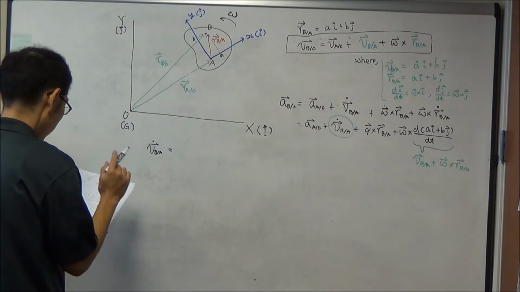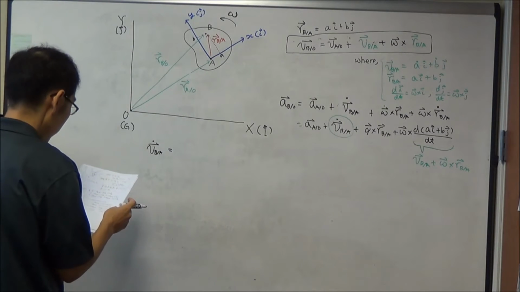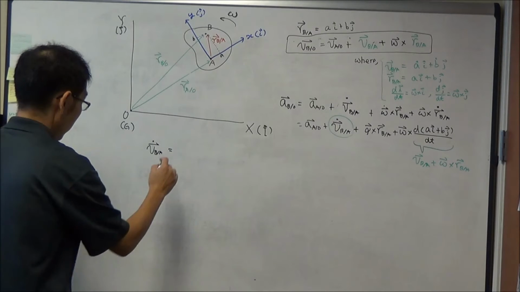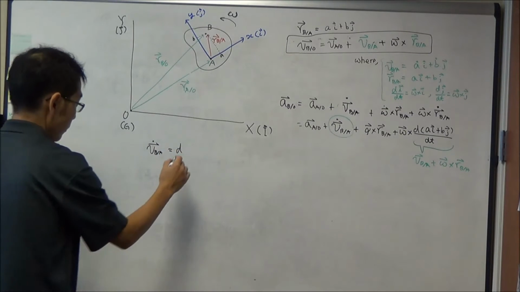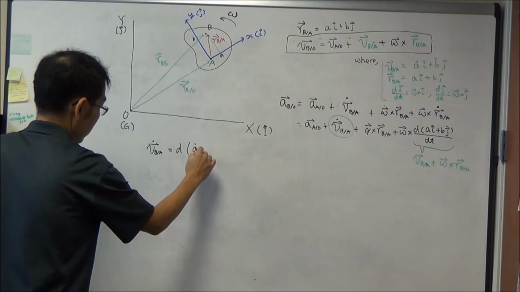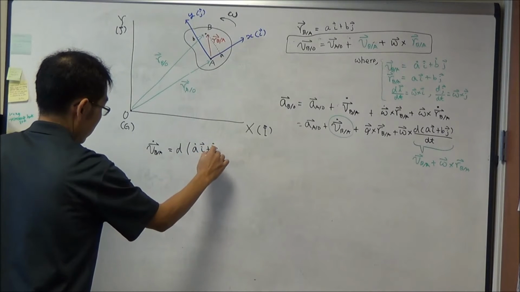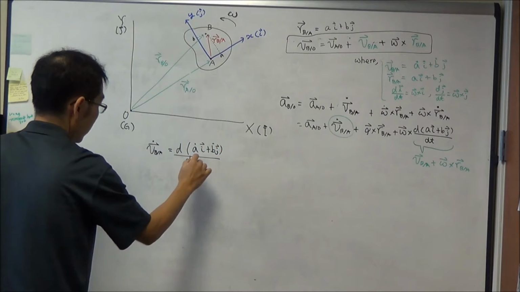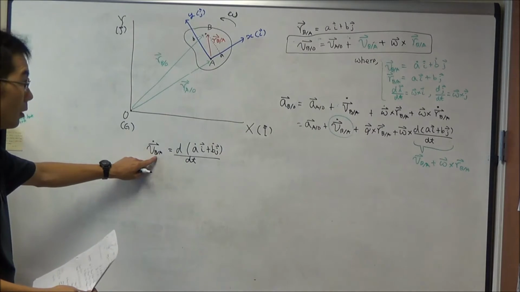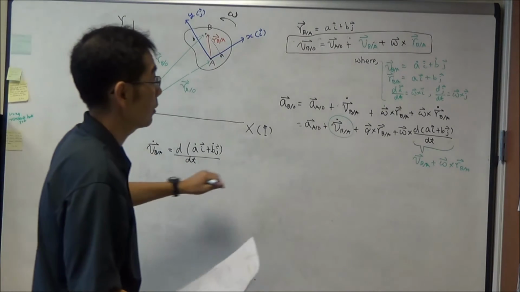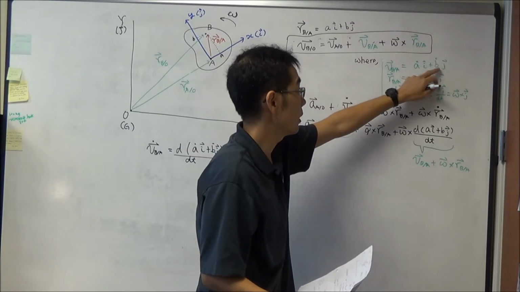So let me write it in this way. Your relative velocity is a-dot i plus b-dot j.